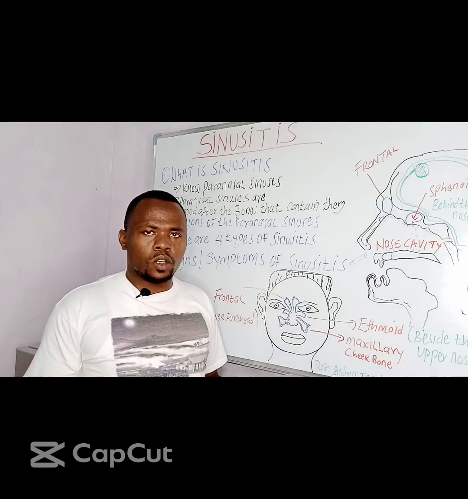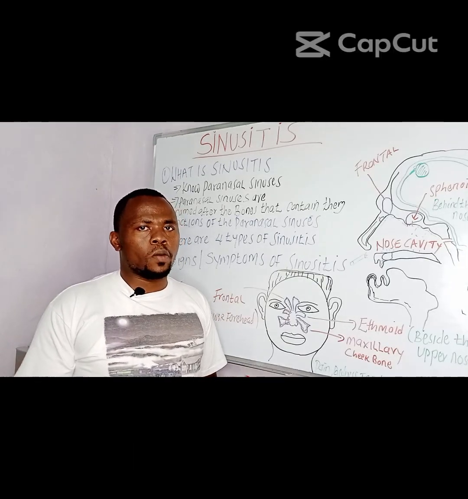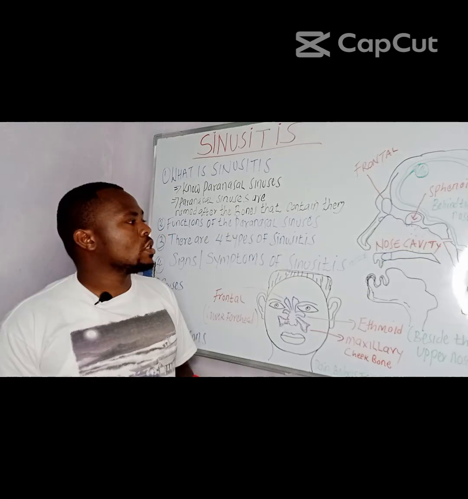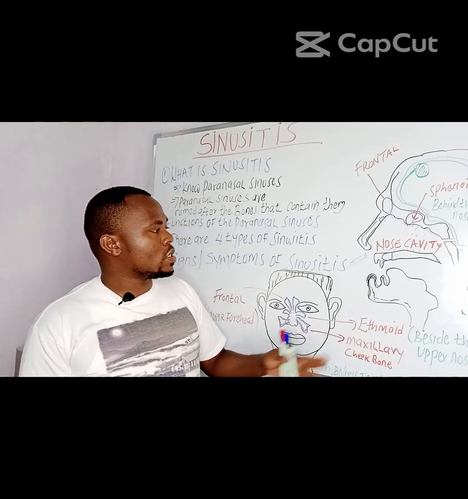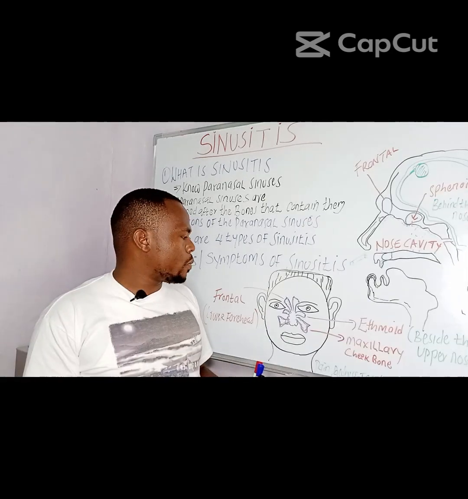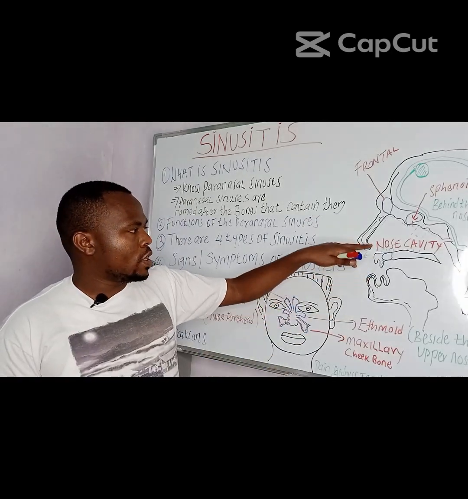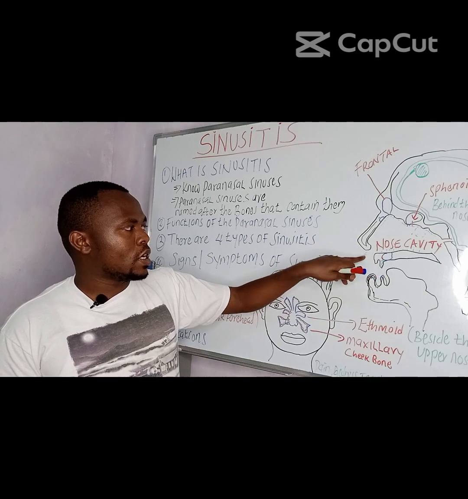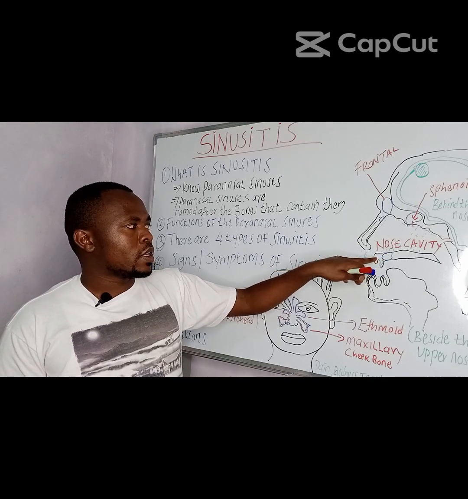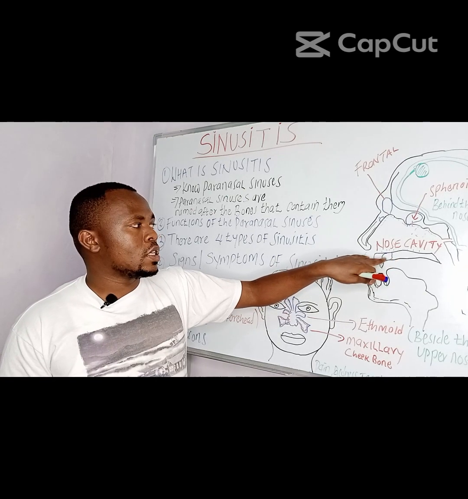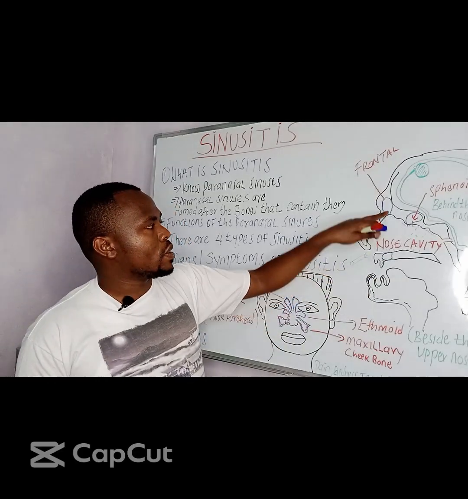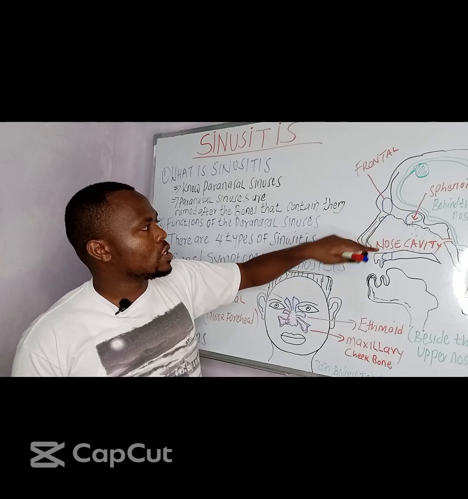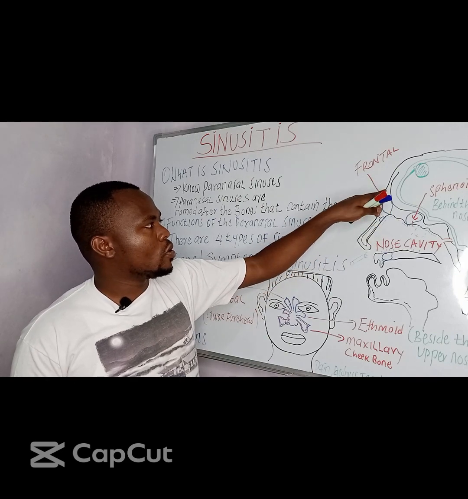What are the complications of sinusitis? Complications of sinusitis, we have one, infections of the sinuses. As you have seen in this diagram, we have this sinus, which is the maxillary sinus of the upper jaw. It is located in the upper jaw, and we have the frontal sinus, which is located in the frontal bone.